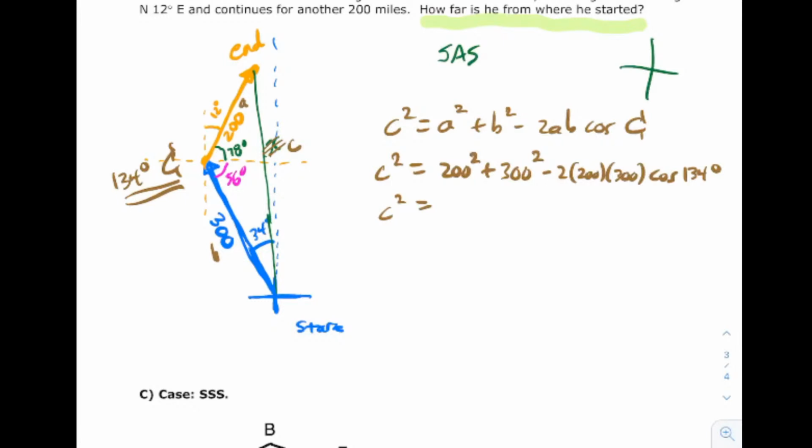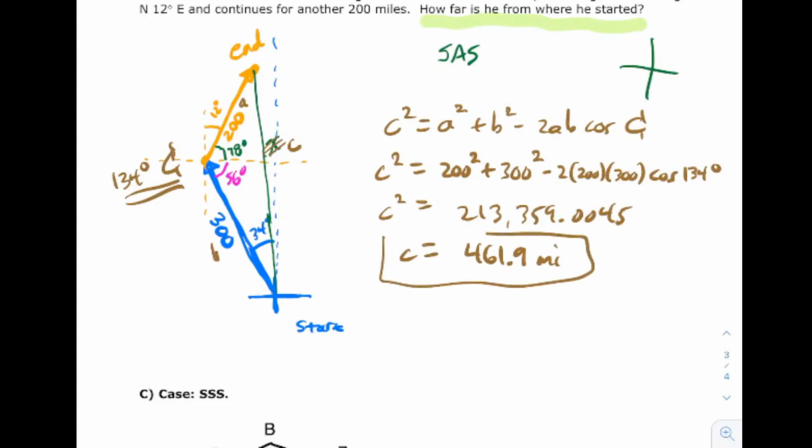Boom. This is telling me something like 213,359.0045. Yep. Take the square root, that's what you really got to do. The square root of the answer is, so this distance is just about 461.9 miles.